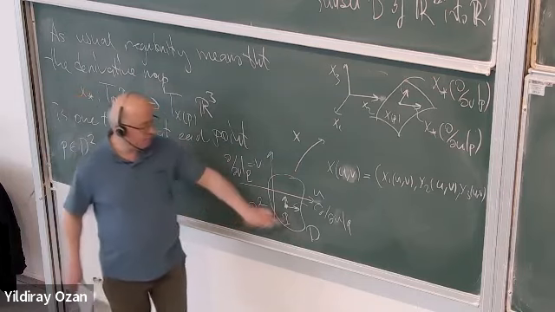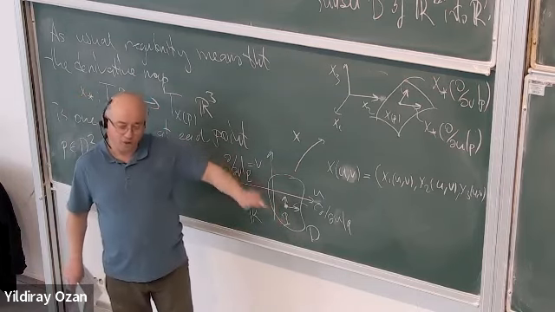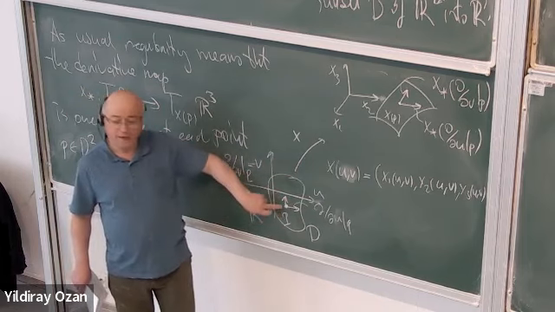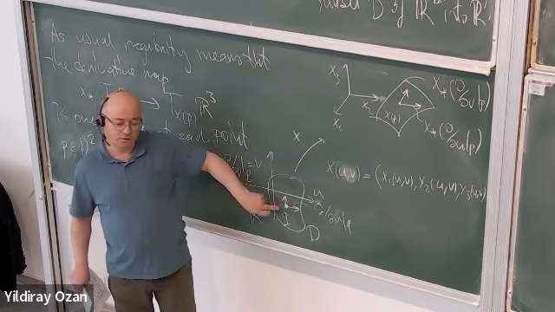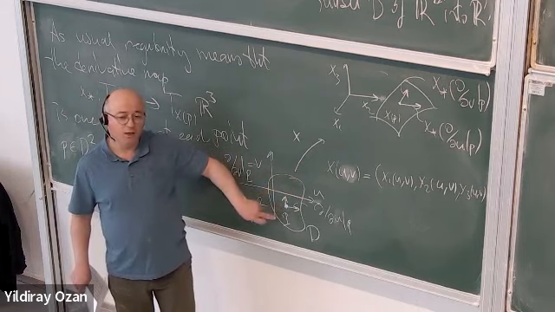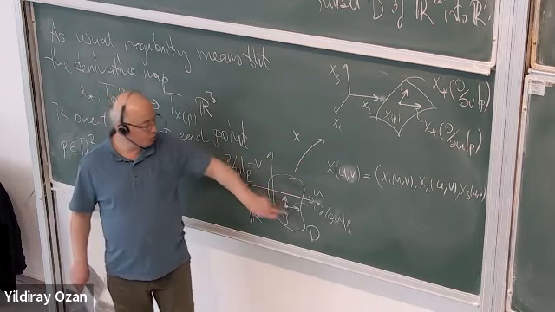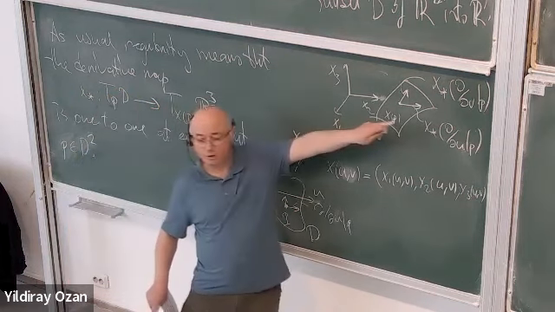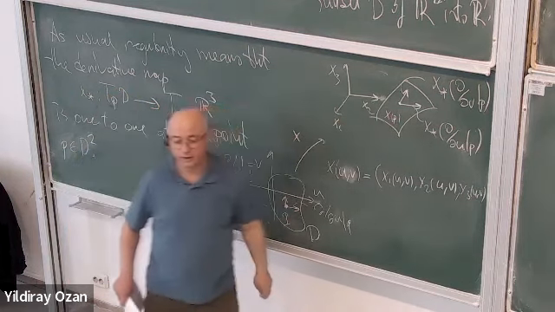In this case, I don't have one vector, I have infinitely many vectors. To check that the derivative map is one-to-one, you need to show that these two vectors, which are linearly independent here, are mapped to linearly independent vectors here, right?